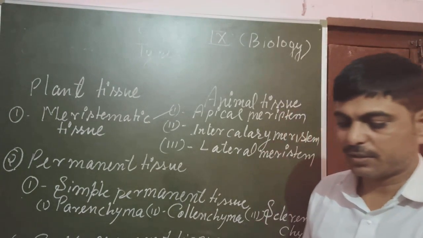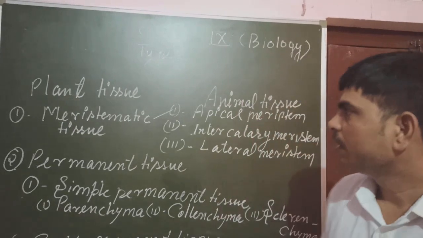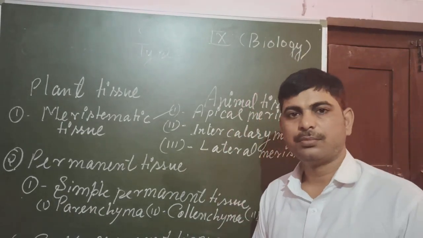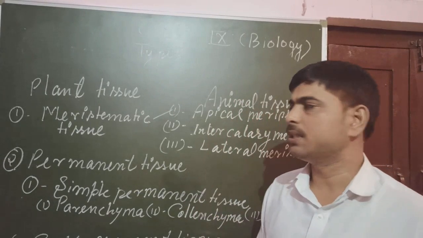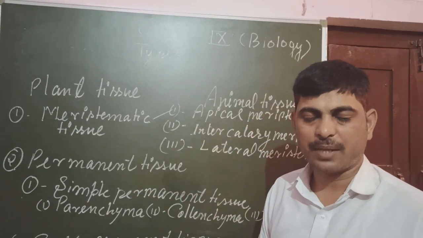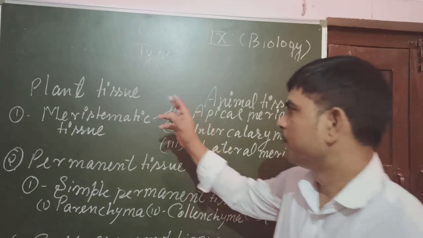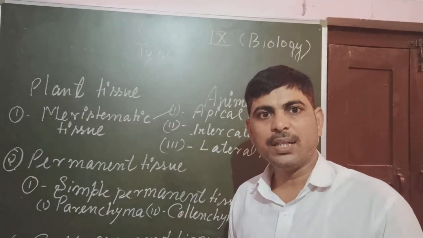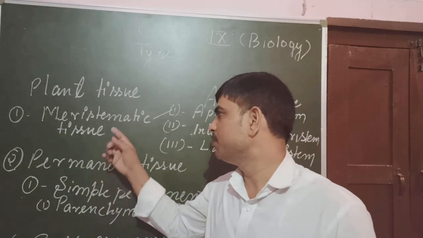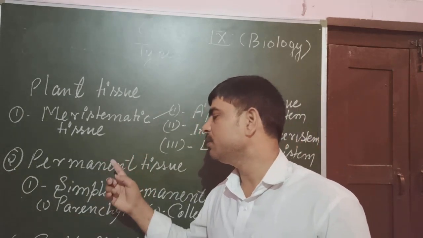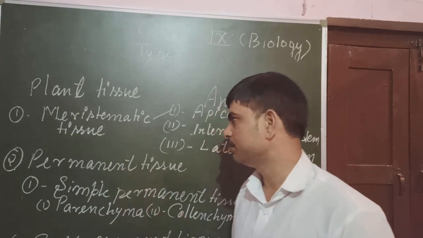Okay, let's revise it. Plant tissue and animal tissue, these are 2 broader categories of tissue, types of tissue. Plant tissue is mainly categorized into 2 categories, that is the meristematic tissue and permanent tissue.